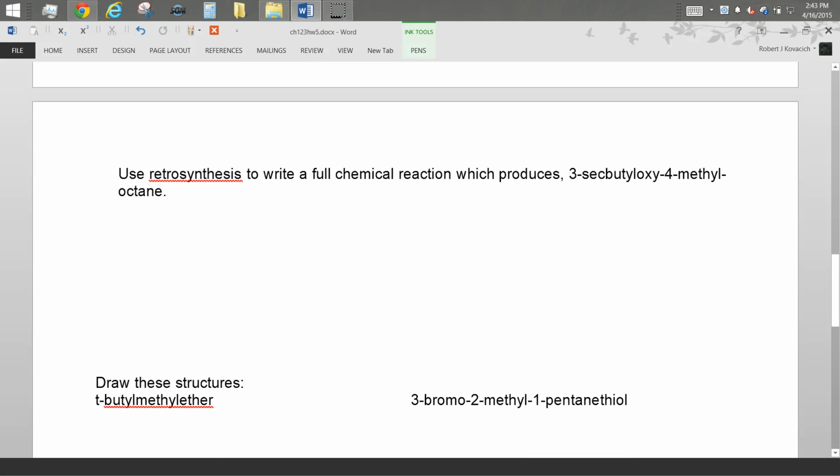Yes. Retrosynthesis, write the full equation for this thing. Okay, so let's start off with what the thing is. So what do I have to draw here? Octane. All right, so there's an octane.